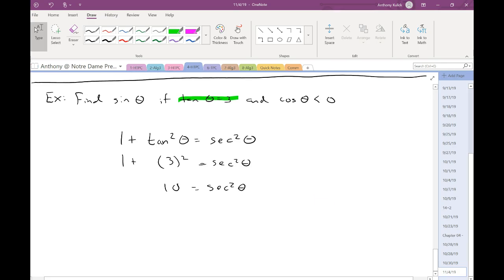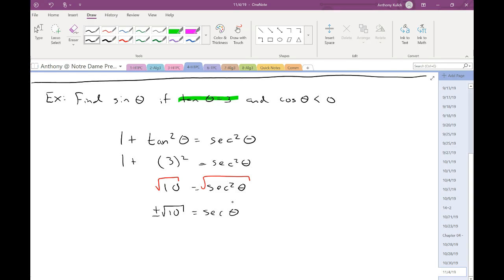To solve for secant, what would I need to do? Square root both sides. And when I square root both sides, what do I get? How about a plus or minus? Everybody's okay there?